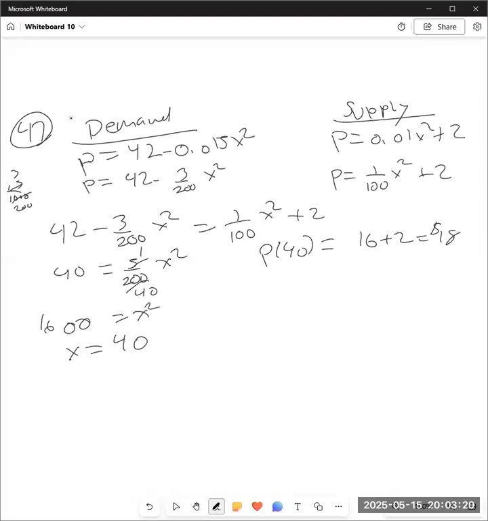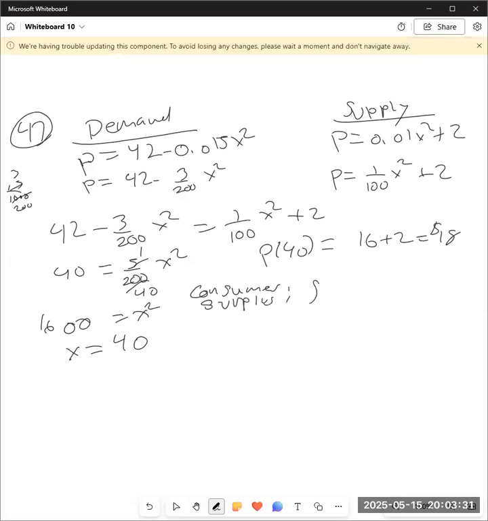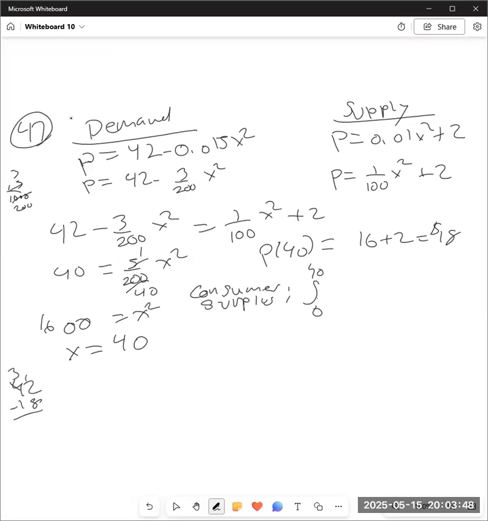So I have consumer surplus, the integral from 0 to 40 of 42 minus 18, which is 24, minus 3/200 x squared, dx.